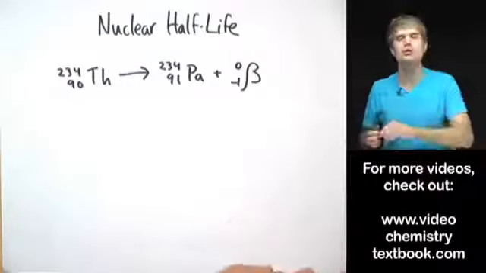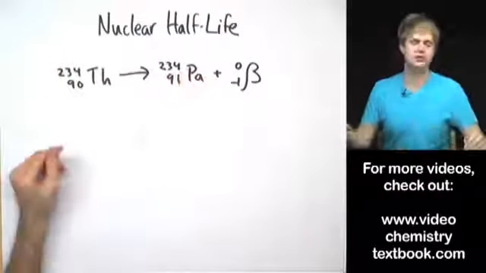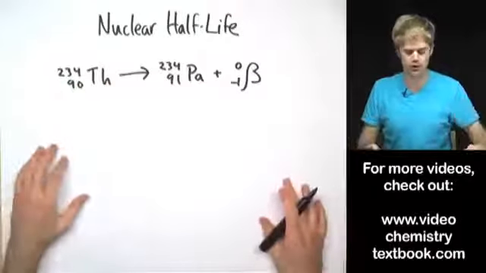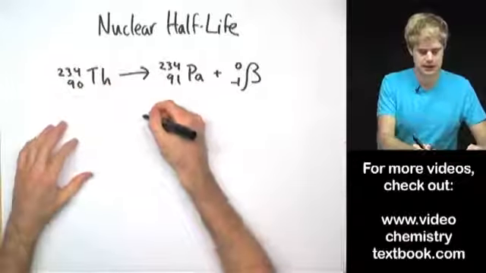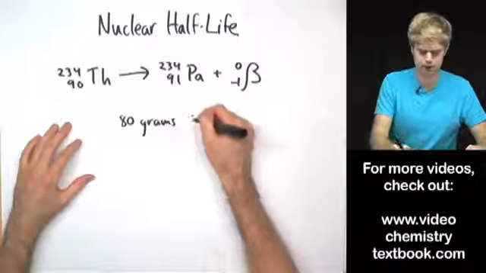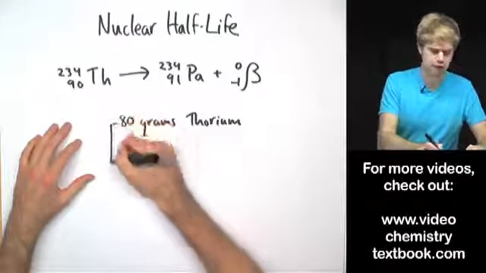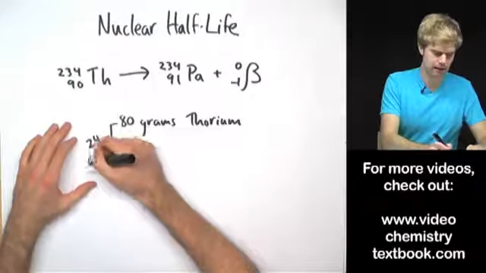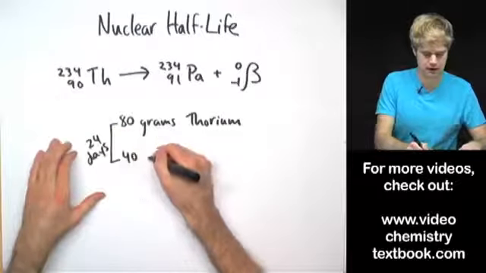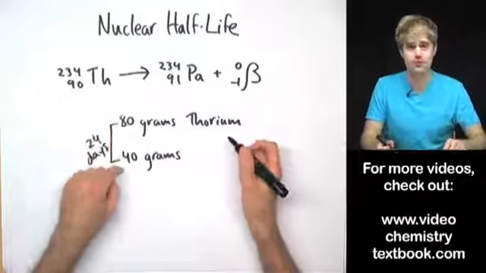Now, we said nuclear half-life tells us about how long it takes for these sorts of processes to occur. How long does it take for thorium to turn into protactinium? Well, let's talk about this. Let's say we start with 80 grams of thorium. If 24 days go by, at the end of those 24 days, I'm going to be left with 40 grams of thorium.